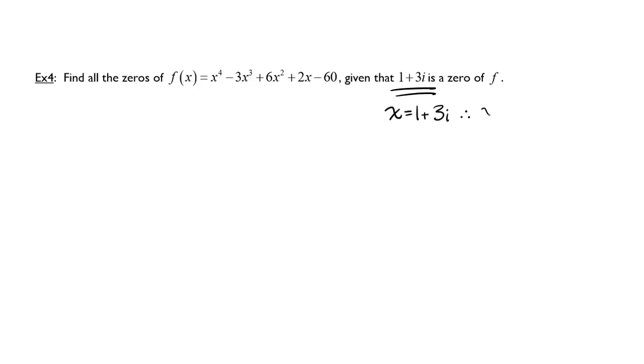Therefore, I also know that x equals 1 minus 3i because complex zeros always come in conjugate pairs. That means that x minus 1 minus 3i is one factor, and x minus 1 plus 3i is the other factor.